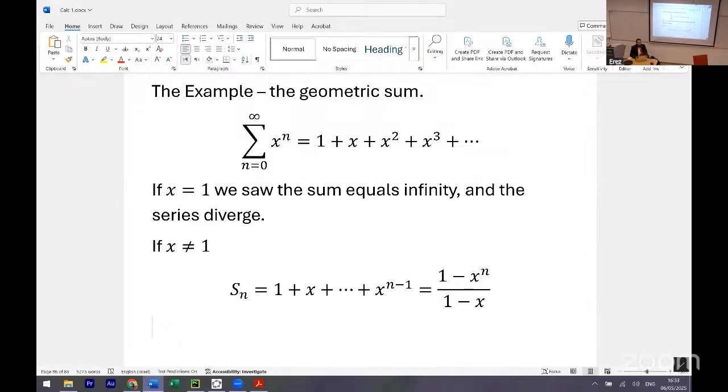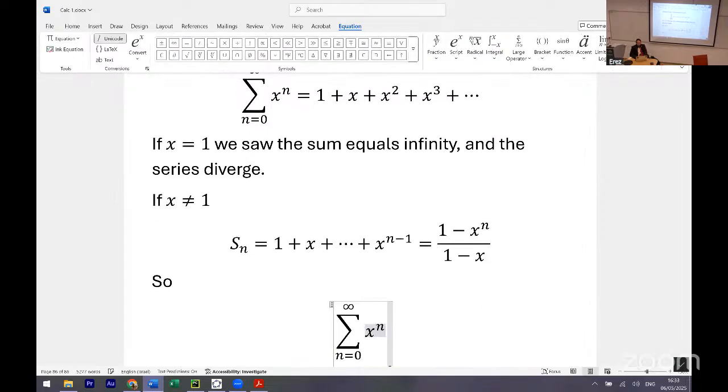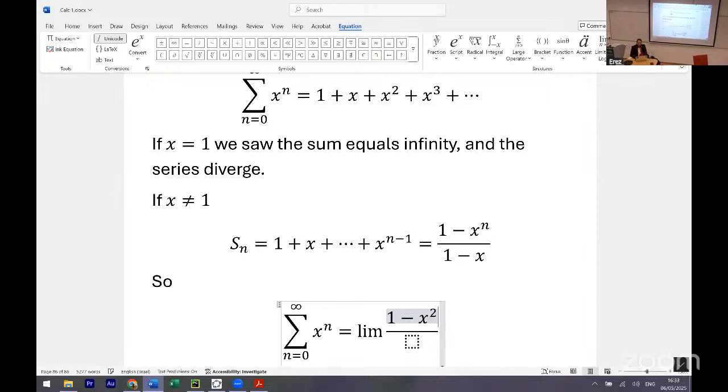The infinite sum from n equals 0 to infinity of x to the n is the limit of the sequence. Agreed? By definition. That's why I say the limit. I take the first n elements and I take a large n. That would be the approximation of the infinite sum.